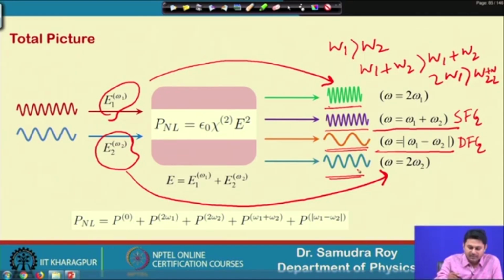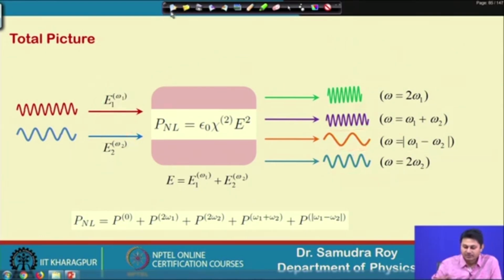Apart from that, I should mention that the two fundamental frequencies will still be there. So, this is not the only output. In the output, I should also present two different frequencies. One is simply omega 1, the fundamental one, and another is omega 2, which is also a fundamental one.